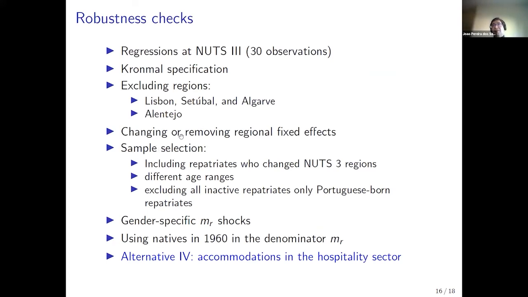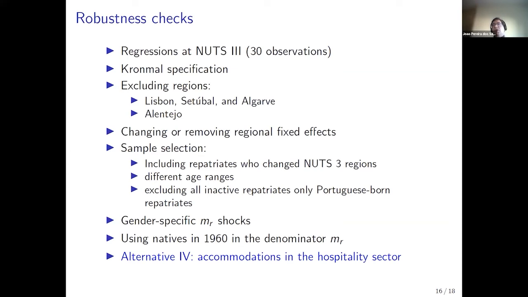We also change the sample selection and how we define repatriates, including those who changed NUTS-3 between 1979 and 1981, being more demanding on the age ranges, excluding all inactive repatriates, and so on. Since we divide the labor markets by gender, we also see if the gender-specific shocks give approximately the same results, and they do.